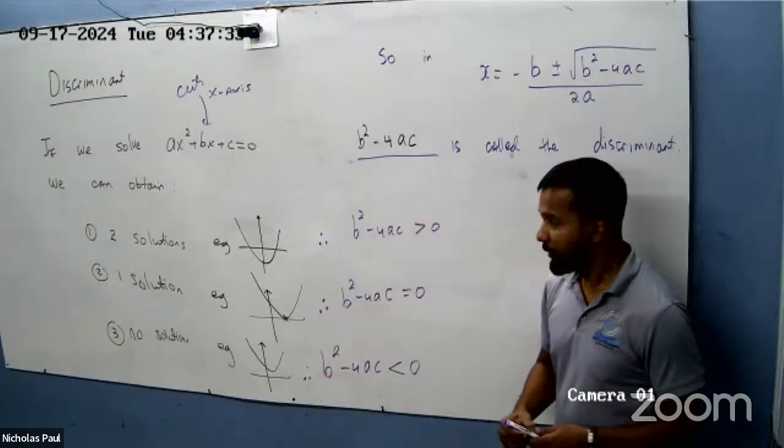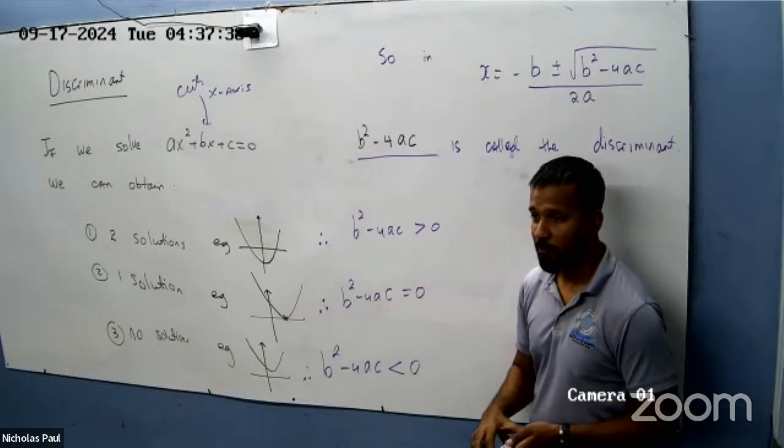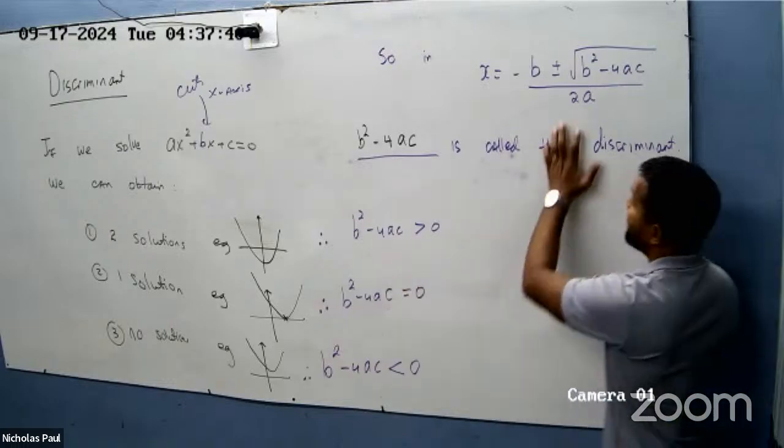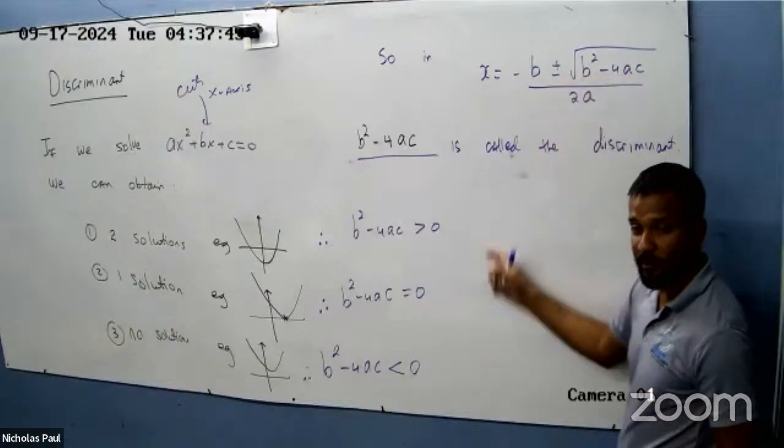So once you work out this scalar, you can figure out how many solutions you have. You see where it comes from right here, so this controls how many solutions you get.